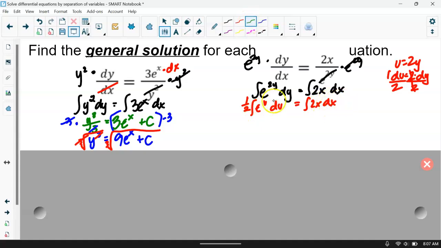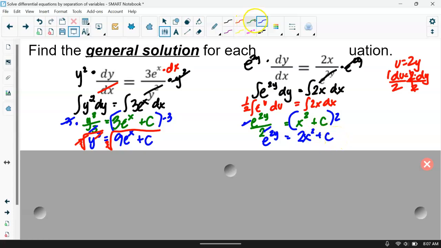Well, e to the u is still e to the u. So that's why this is 1/2 times e to the 2y, which is equal to x squared plus c. So now we're going to multiply by 2. And now I've got e to the 2y is equal to 2x squared plus c.